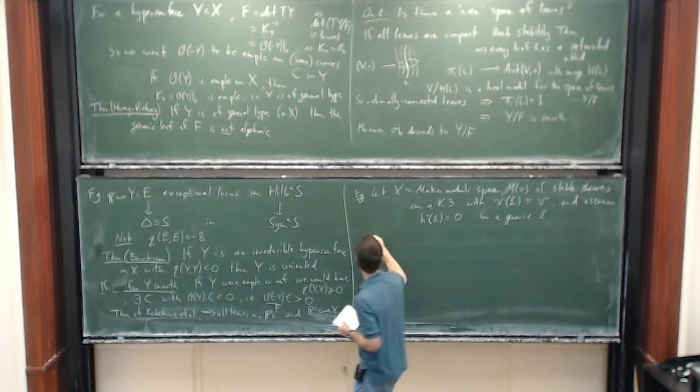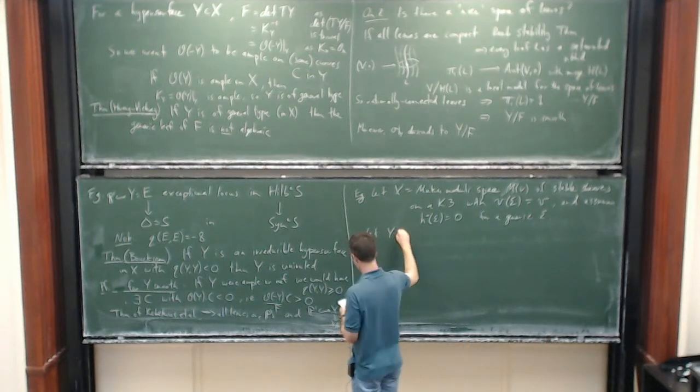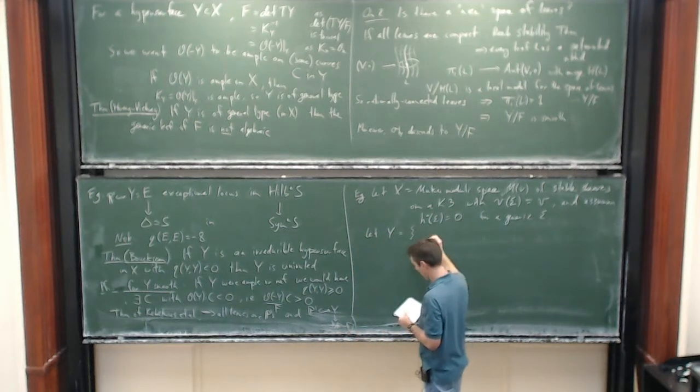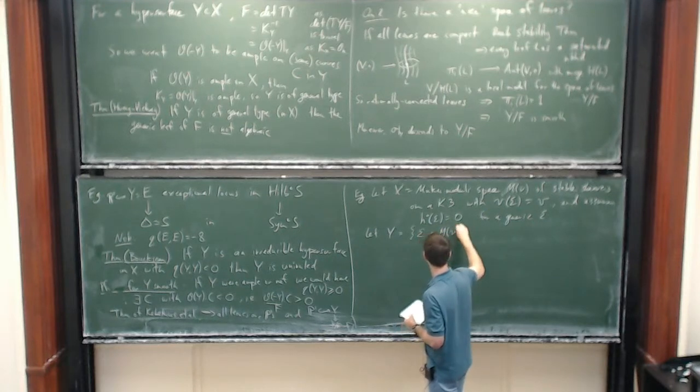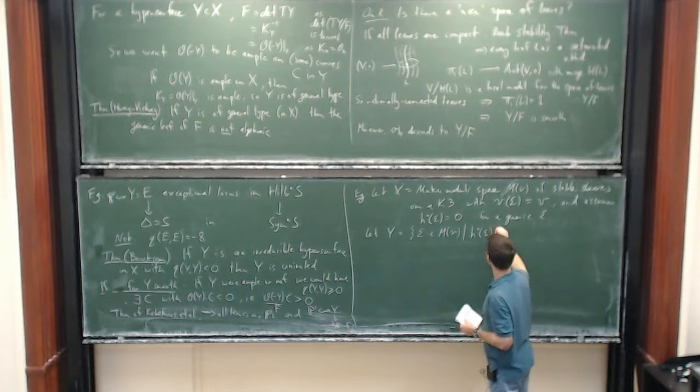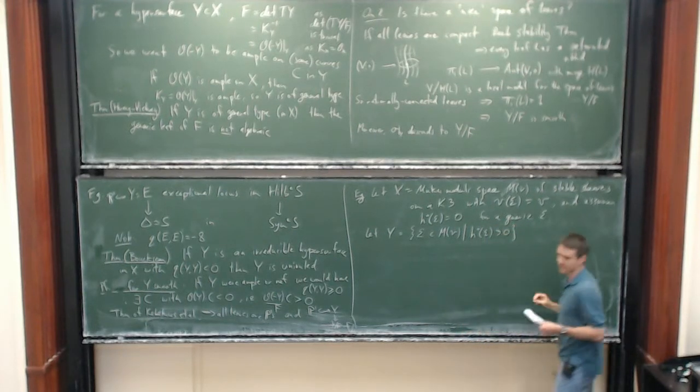Okay, and then let Y be, so this could be a hypersurface, or it could be higher codimension. Let Y be the Brill-Noether locus, where E actually has sections.